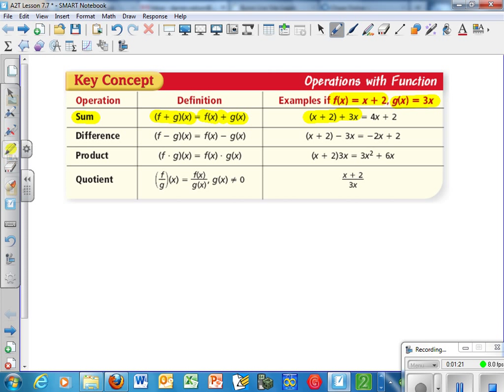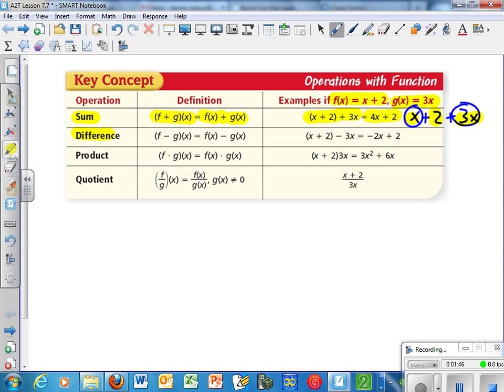So really what we have there is x plus 2 plus 3x, and I usually do it without parentheses. These two right here are like terms. I put them together, because you're going to simplify the expression, which means combine like terms. So x plus 3x is 4x, and then we just have this plus 2 on there. So we added those two together, and that would be adding them.